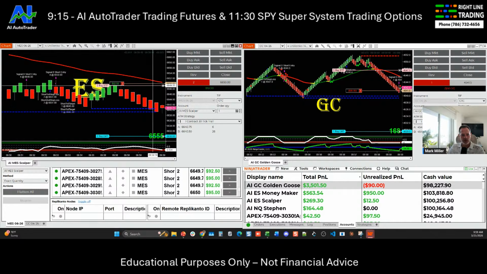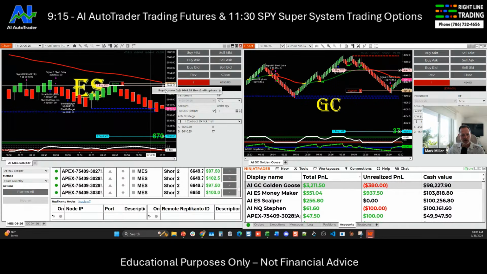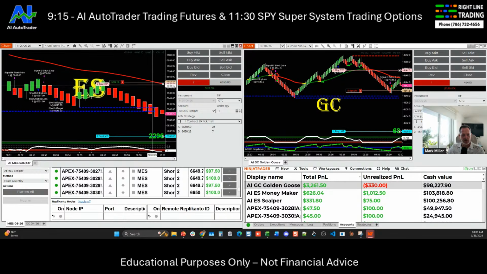So now we call it pin it. It's pinned now to this 50, and as price drops, it will float right along that line. Then uncheck the enable, and it goes back to where you can move it around again.